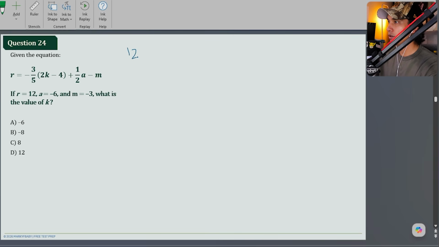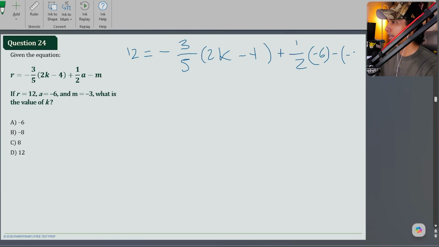So 12 equals -3/5, okay? 2K minus 4 plus 1/2. A is -6. And then minus what's M? And M is -3. Okay, nasty. Okay, I'm going to work on this part right here first, before I touch that part.